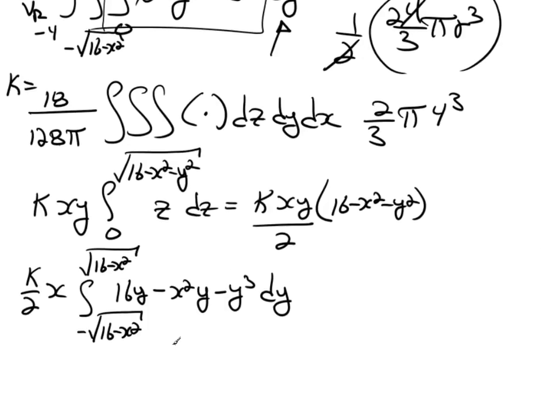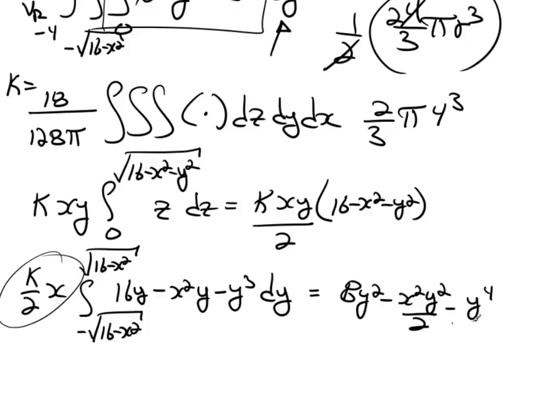When I integrate this with respect to y, I get 16y squared over 2, which is 8y squared, minus x squared y squared over 2, minus y to the 4th over 4, evaluated from negative square root of 16 minus x squared to square root of 16 minus x squared.